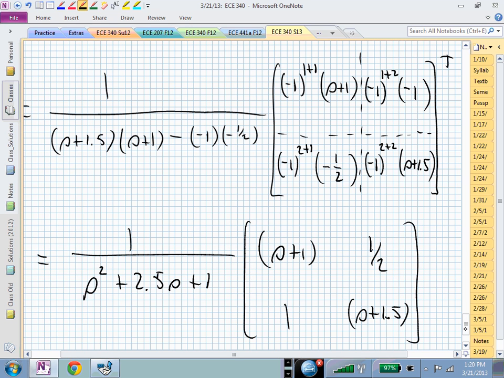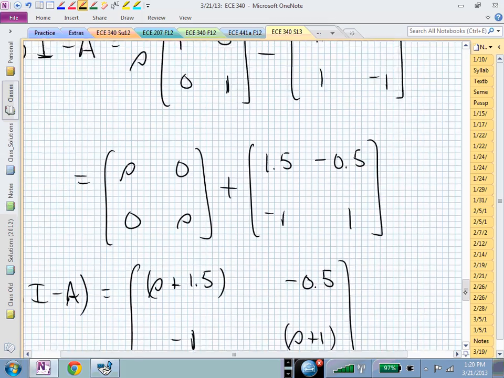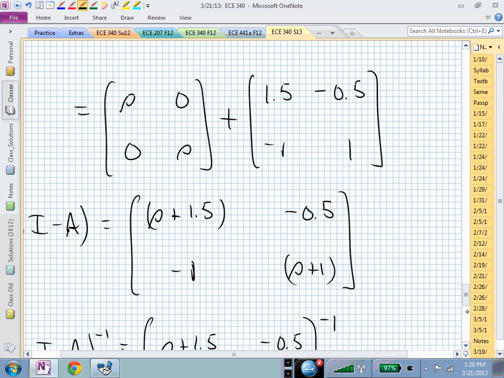And now you might be able to see the relationship that somebody said, isn't there a shortcut for all of this? There is: SI minus A right here.